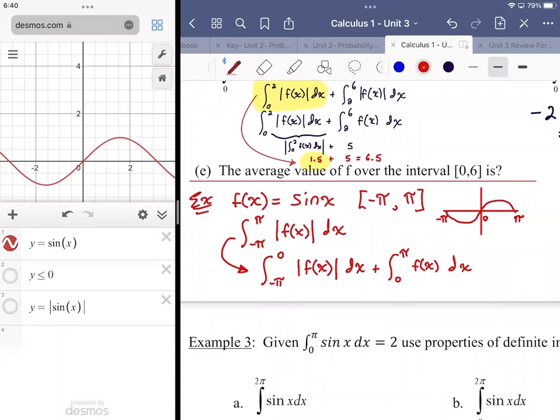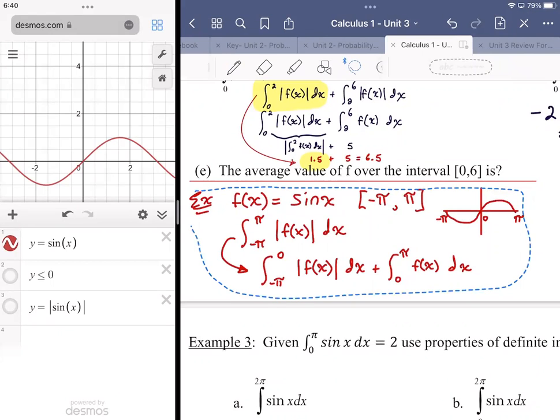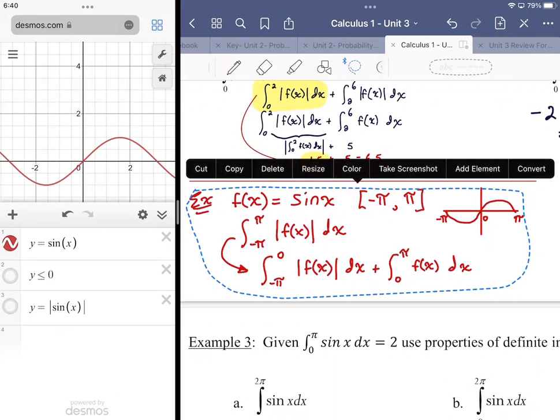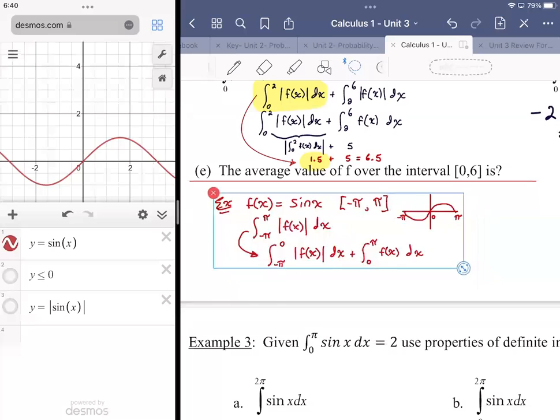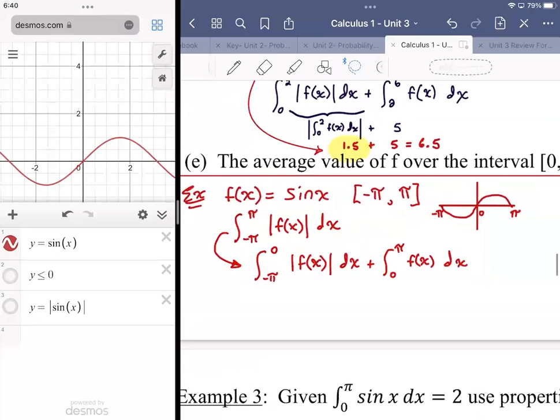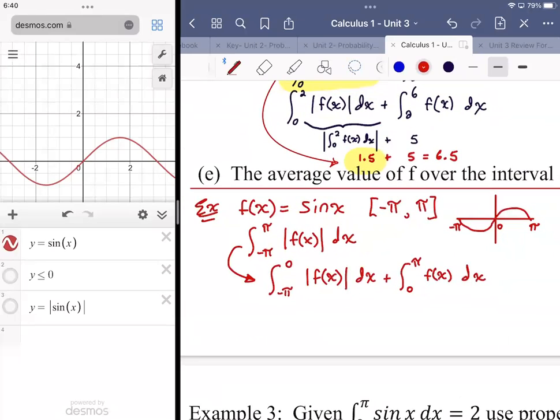Then I would simplify this further: once I figure out the antiderivative over negative pi to 0, I can find the absolute value of that answer and add it on later.